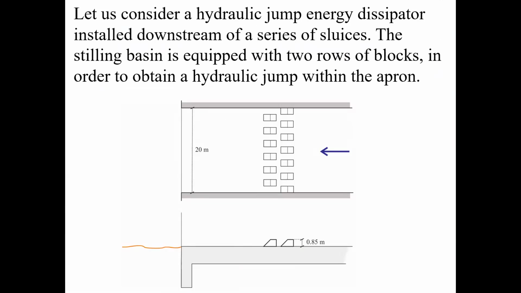Let us consider a practical application. A hydraulic jump energy dissipator is installed downstream of a series of sluice gates, and the basin is equipped with 2 rows of blocks to obtain the hydraulic jump within the stilling basin apron.